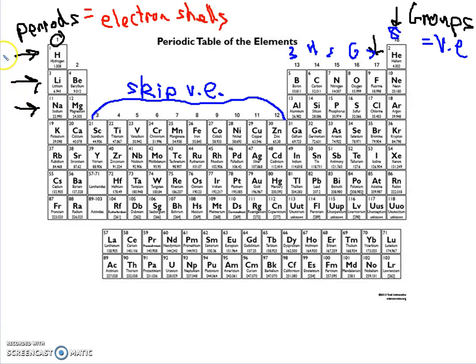So this first period has 1 electron shell, then 2, 3, 4, 5, 6, 7, which kind of makes sense because remember the first shell can only hold 2 electrons, and look how many atoms are in that first shell, 1, 2, and then once you have 3 electrons, you need a second shell. Likewise, once you have 10 electrons, you need another shell, right? And then what happens to the transition metals and the lanthanide and actinide series, or these rare earth elements? It gets a little complicated.